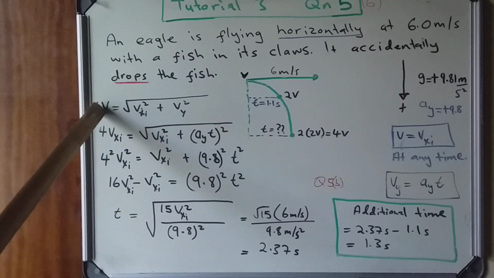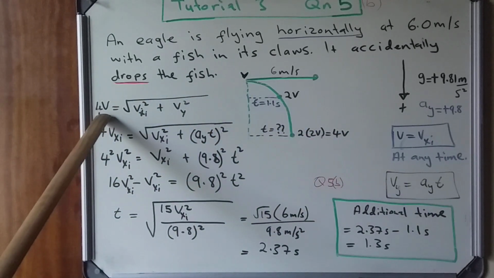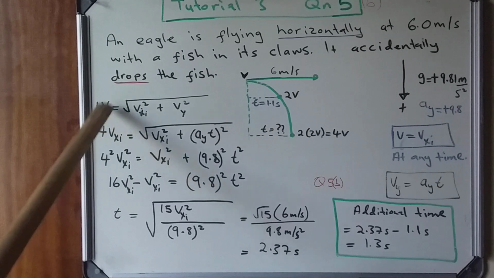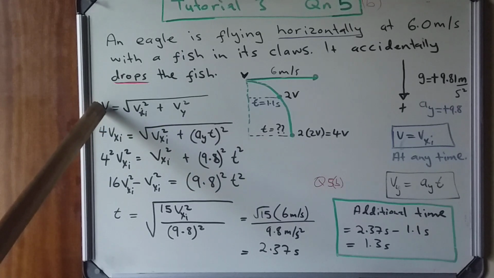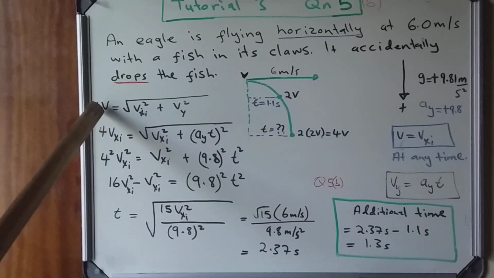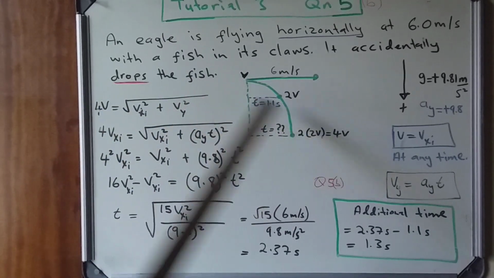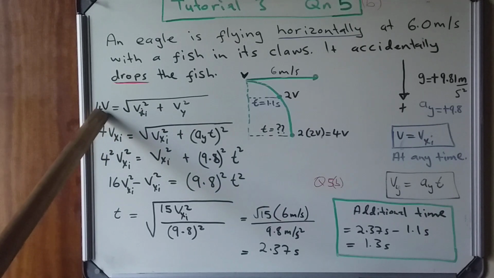So when the speed v becomes 4v, you come and put the 4v here. Initially there was only a v, and when we wanted to find the speed when it becomes 2v, you put a 2v. So this time we are going to put 4v.